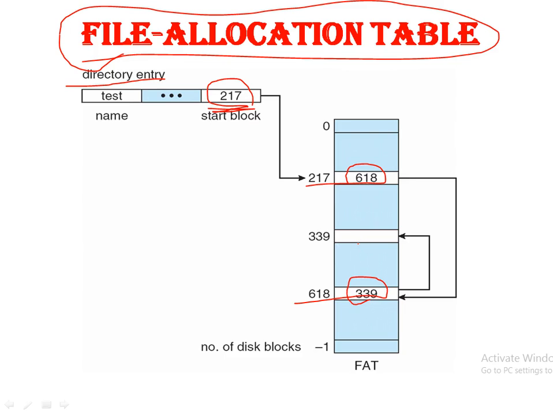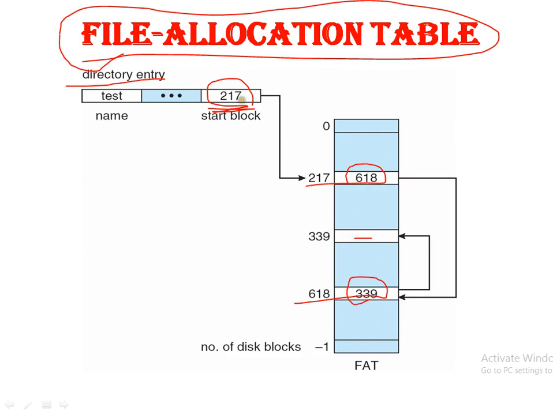The table entry indexed by the block number contains the block number of the next block in the file. This chain continues till it reaches the last block, which has a special end of file value as the table entry.